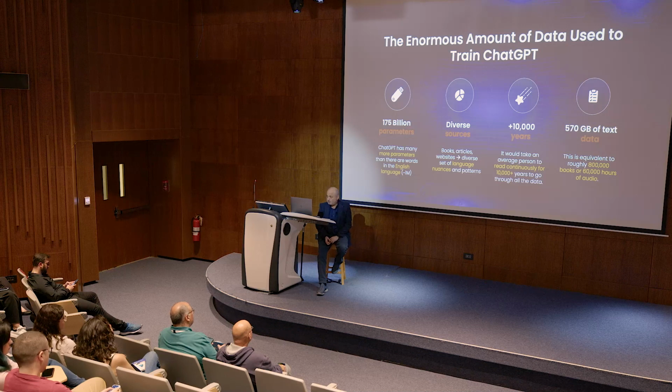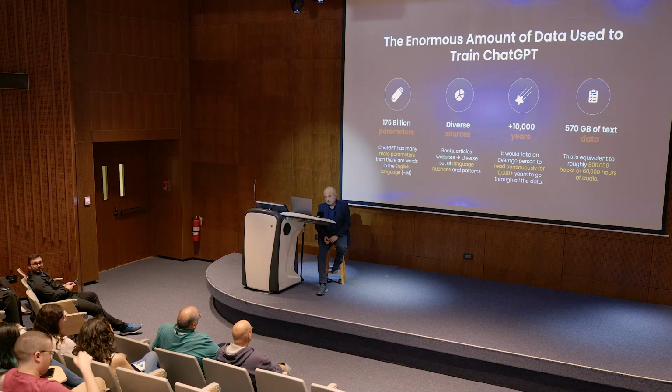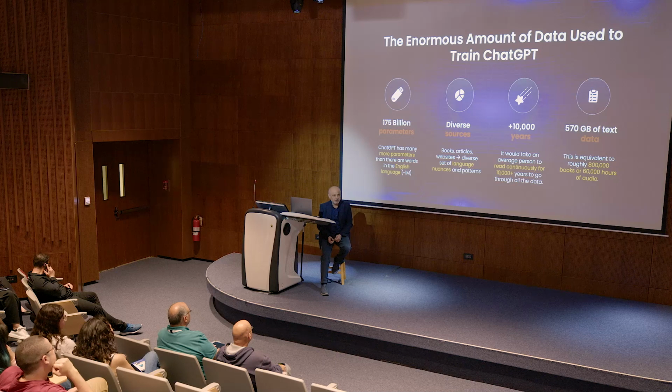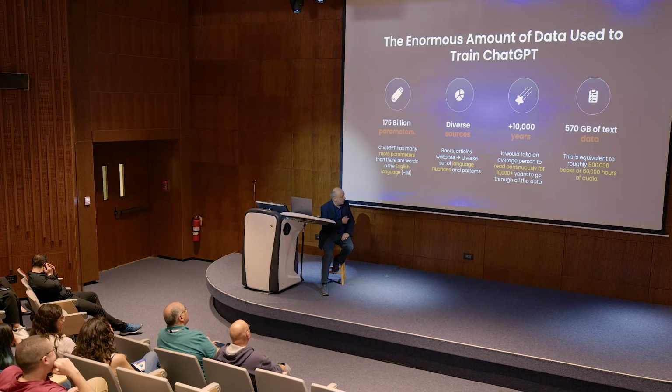As I mentioned, an enormous amount of data has been used to train ChatGPT. To put things in perspective, a mathematical function may have some parameters, right? We said that here we have millions of simple functions and billions of inputs, and the parameters become huge.